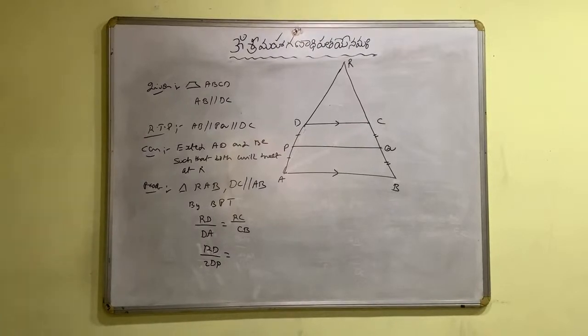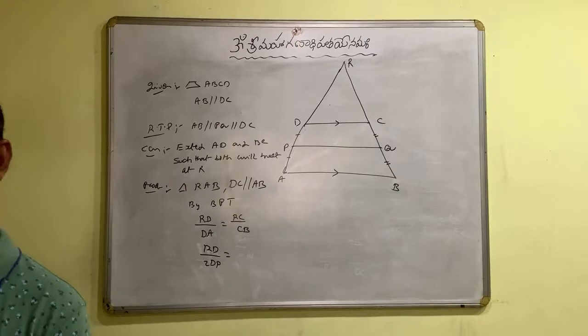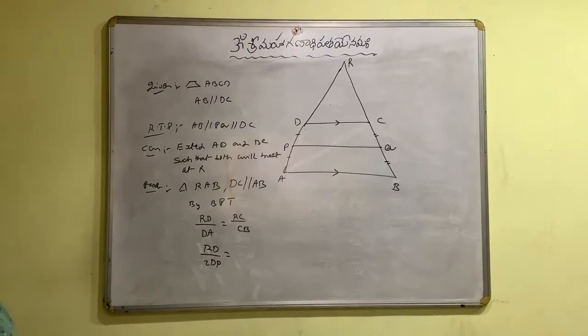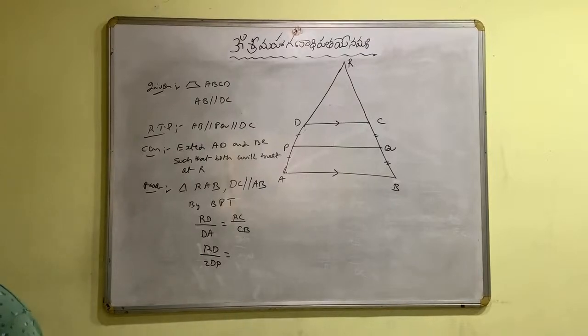If it is right, you need to tell me the reason. Why? Yes, because given P is midpoint of DA, so we can write DP is equal to PA.